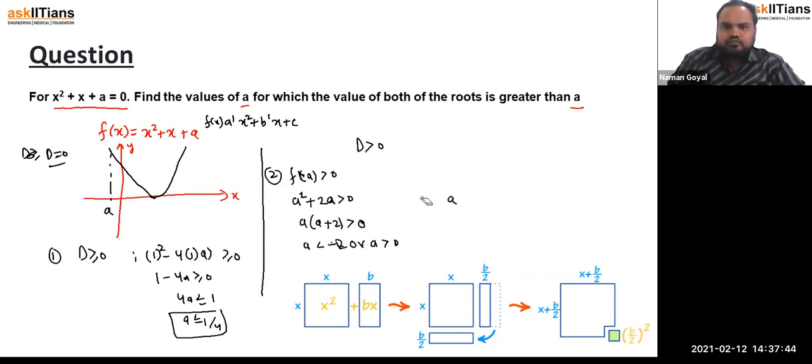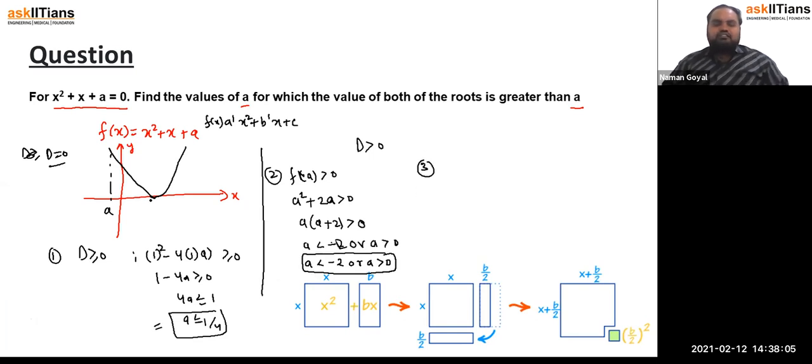Okay, so we can take two cases. Now see what we have to do. This is the second condition. So from the second condition, what we get? a is less than minus 2, or a is greater than 0. Okay, now third case, the vertex x coordinate is what? Greater than a.